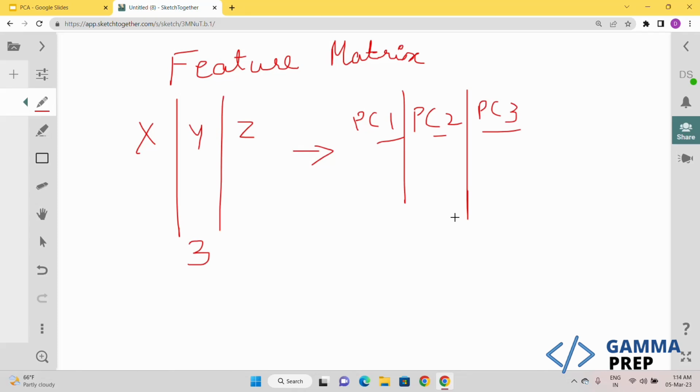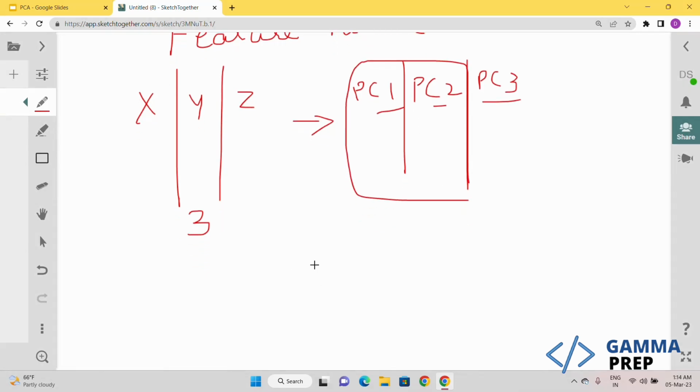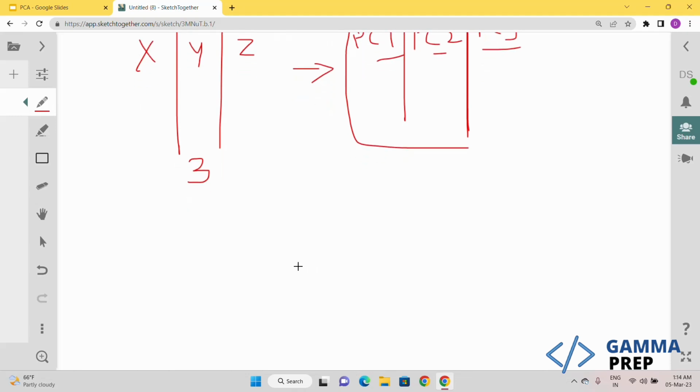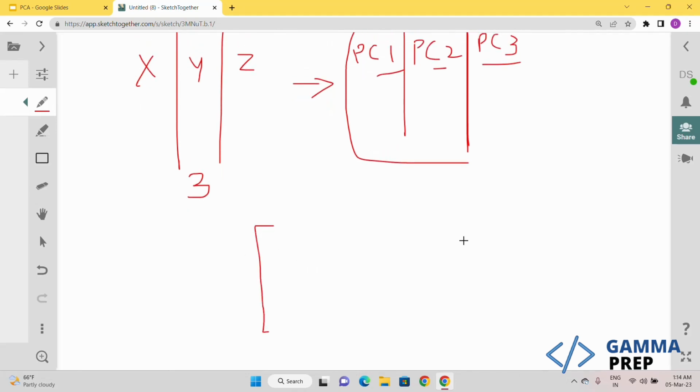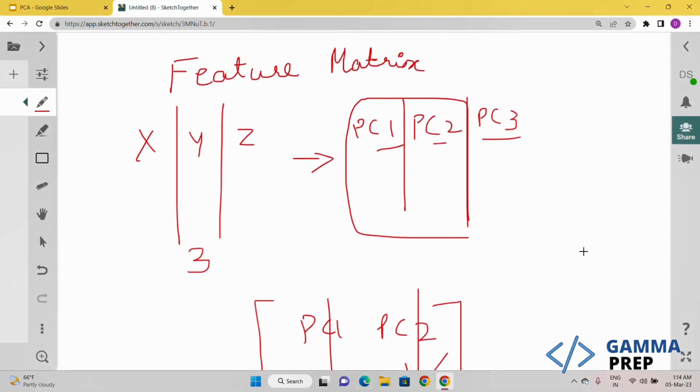So let's say from three features, I want to reduce to two features. That is, I'm going to take the first two principal components only. So in the feature matrix, I just put these two principal components, PC1 and PC2. You put the first principal component here and the second principal component here.